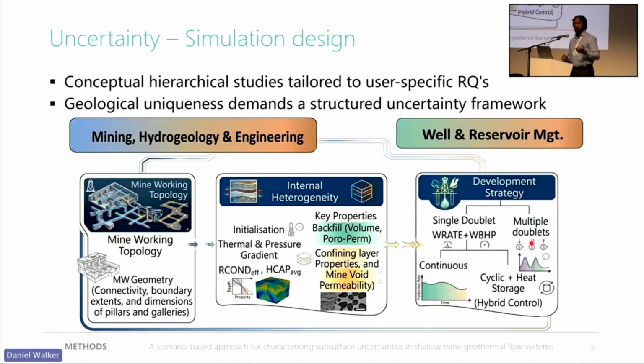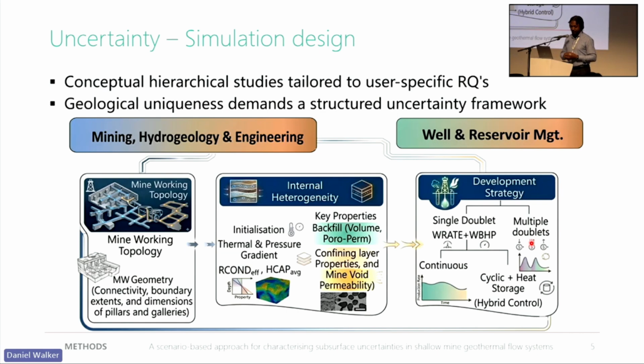So my uncertainty workflow actually decomposes the uniqueness of uncertainties in mine water geothermal systems into three broad categories, and they are hierarchical. And these categories actually span different subject matter domains.